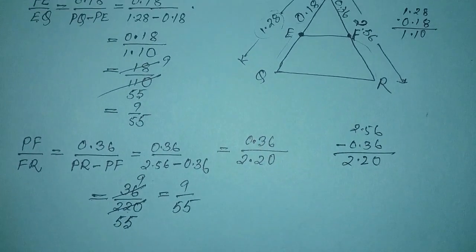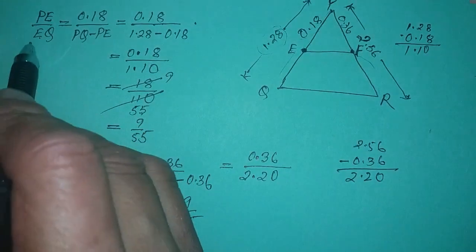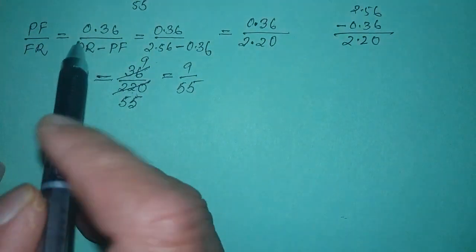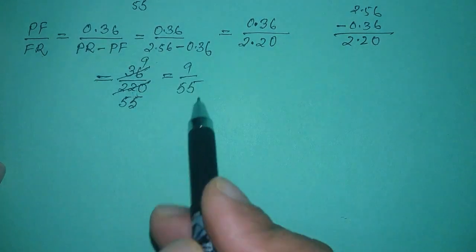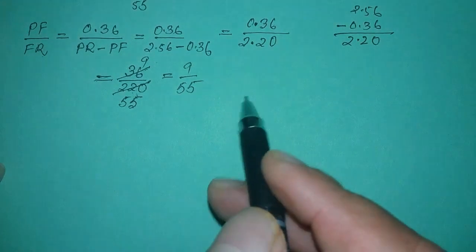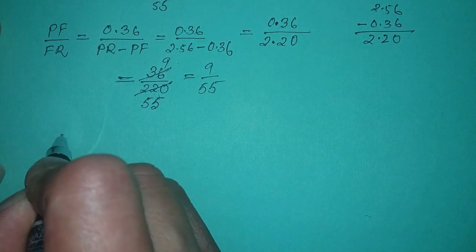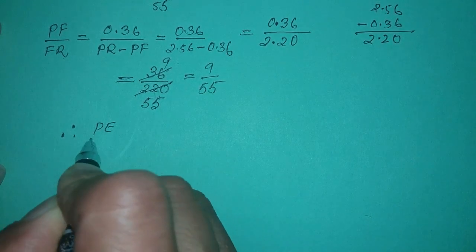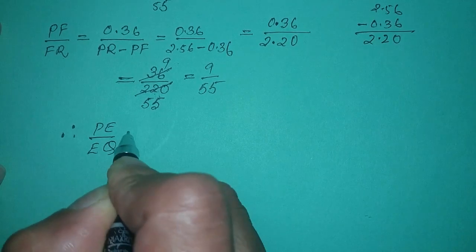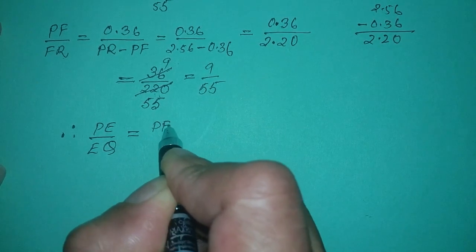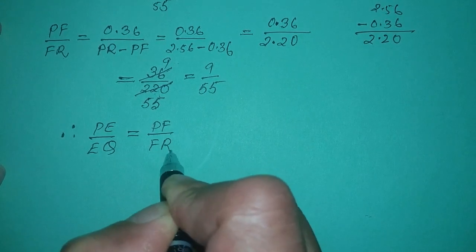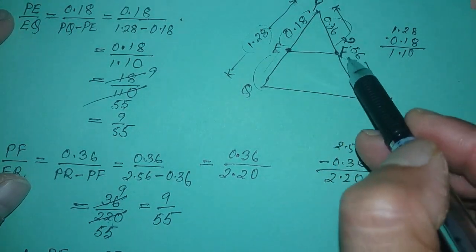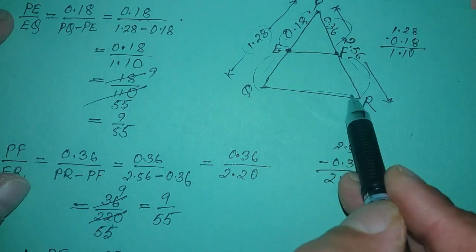Now what we have here is PE by EQ is 9 by 55, and PF by FR also is 9 by 55. Therefore PE by EQ is equal to PF by FR. Since the ratios are equal, we can say that these two lines are parallel.